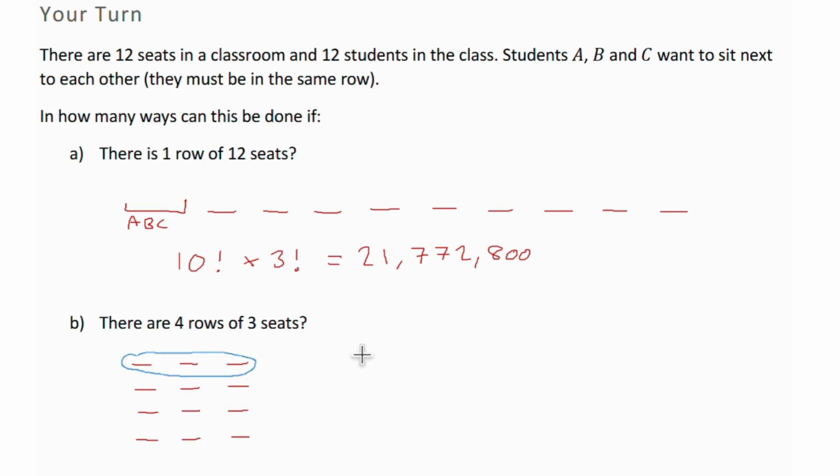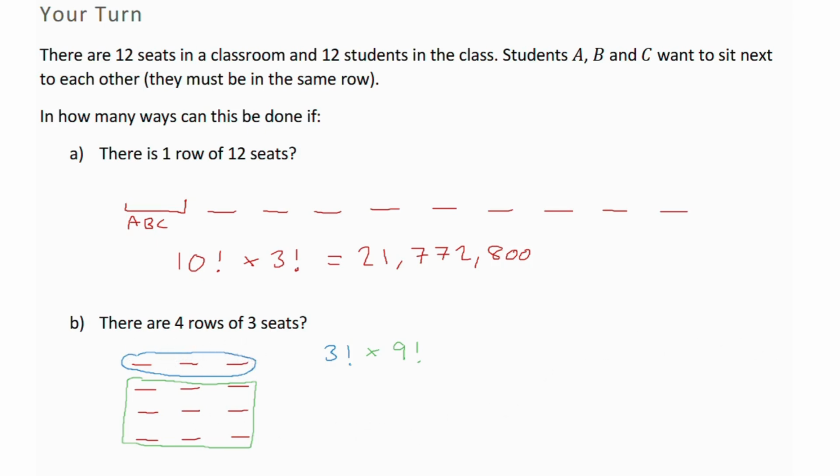So assuming they're in that row, there are going to be 3 factorial ways of arranging A, B, C. There are then going to be 9 factorial ways of arranging the other 9 students. So in that scenario where A, B and C are in the front row, it's 3 factorial times 9 factorial.